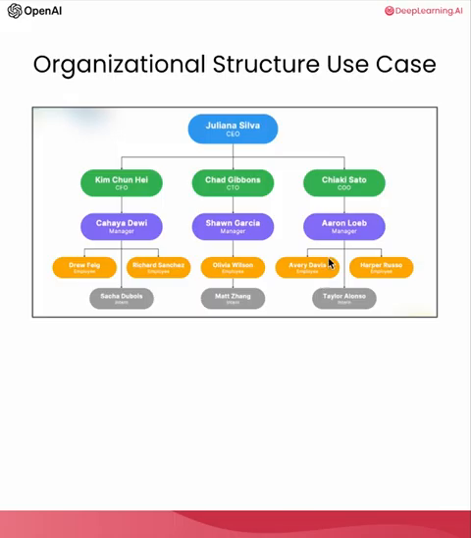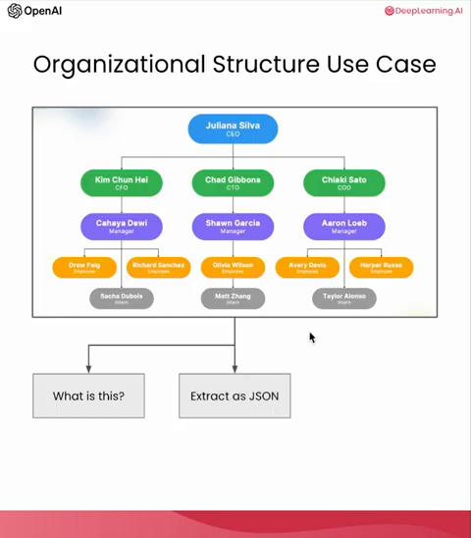So we're going to start off fairly basic and just ask O1 to tell us what this is. And then we're going to move on to a use case which we're finding customers using practically in the real world pretty often, which is that you use O1 to do image understanding and extract a detailed JSON that describes that image and what's going on in it in a lot of detail.